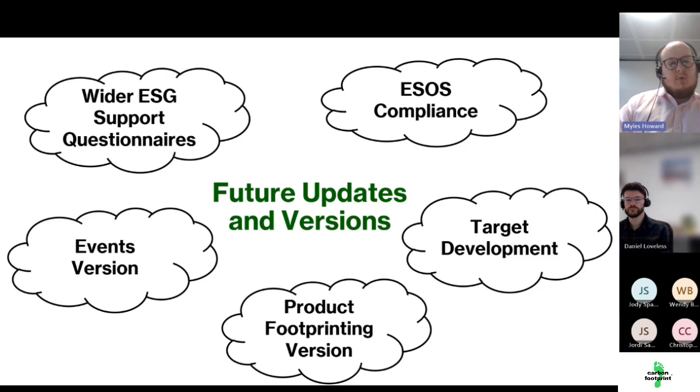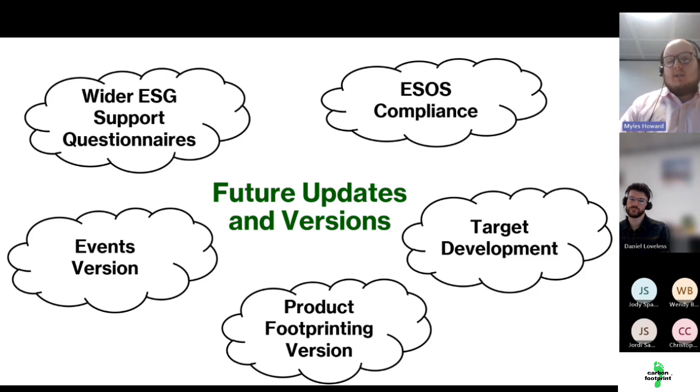And then we've just got two other versions at the bottom. It was interesting people have mentioned events because we are looking at events tools. So we're in the final stages of development there. And if you are interested after the call, please email myself or Dan and we can discuss further what we're doing there. And the same goes for product footprinting. Dan has been working on looking at that. That's an earlier stage. The events version is coming, looks like it'll be coming sooner.